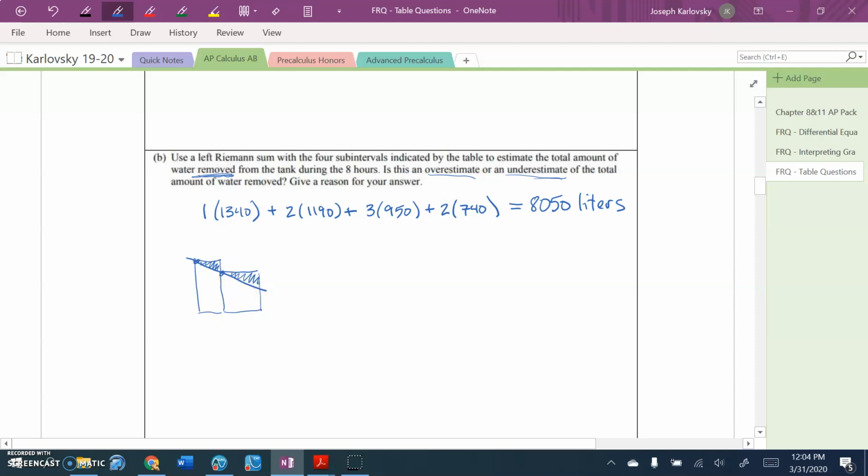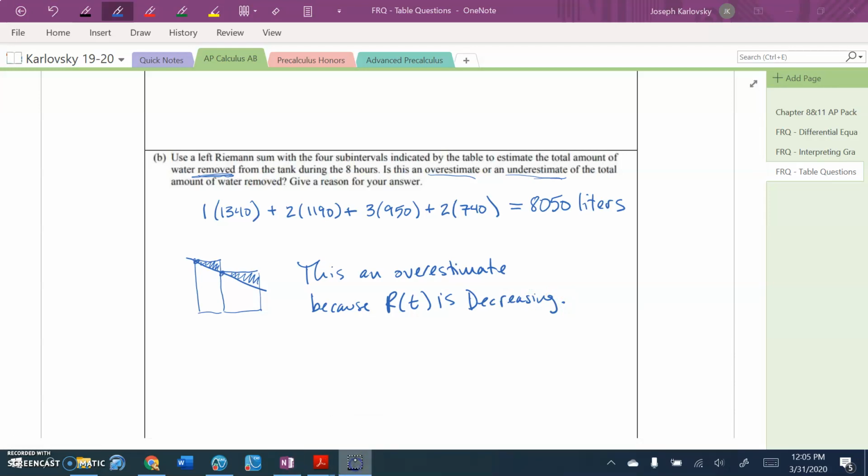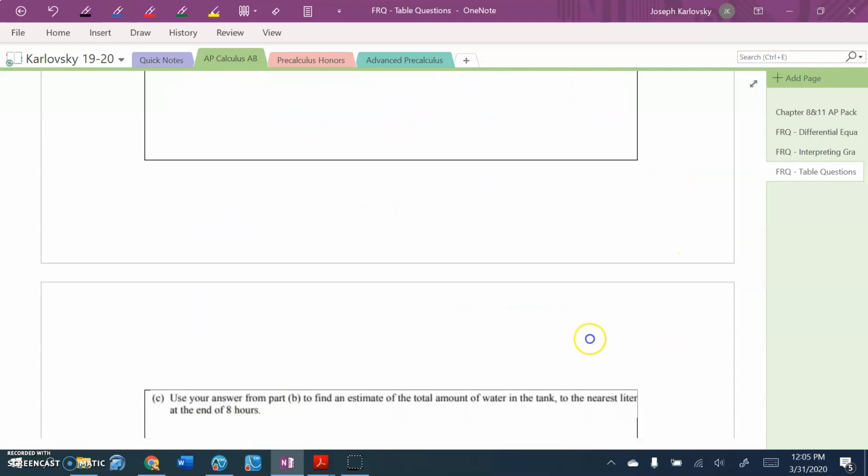So let's say what I just said: this is an overestimate because R of t is decreasing. That's all you need for that. Let's move on to part C, which is on another page.